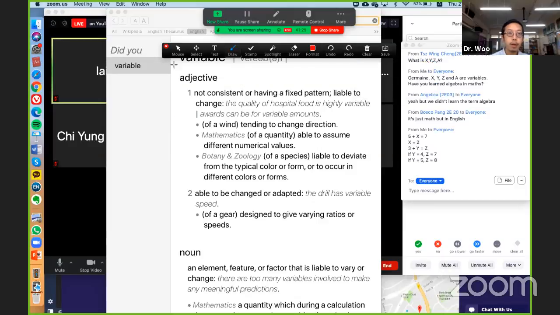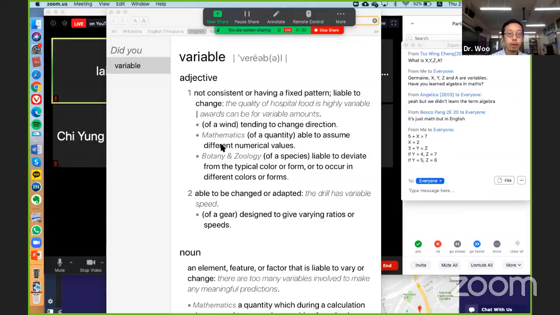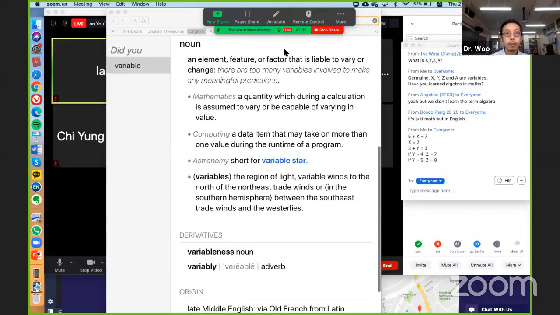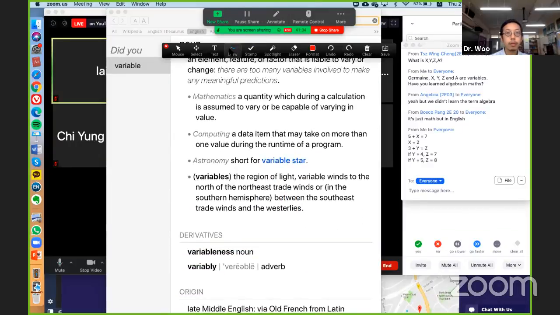Sorry. Let's scroll down. Okay. So we can use variables in English too. It's when we take English, we take math, we just put them together.